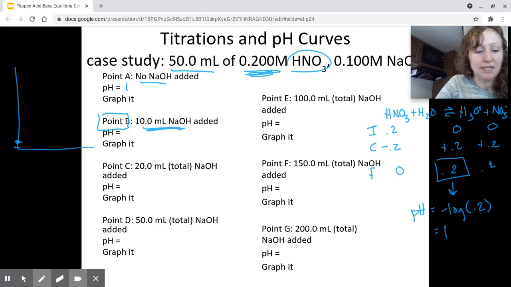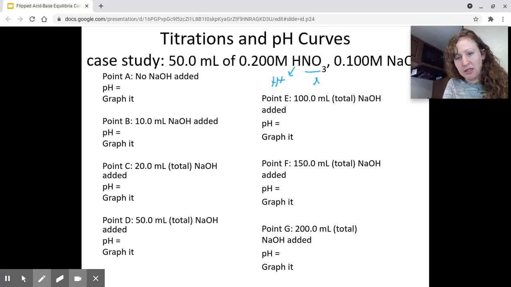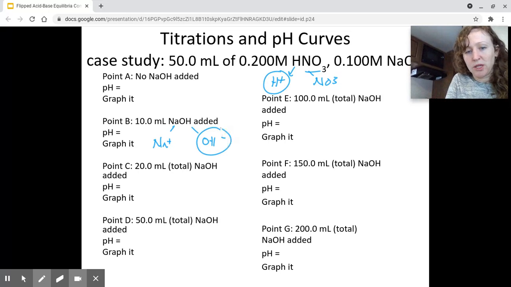They're going to react together. Now, you can do what I've been telling you to do all along and think, okay, this is going to separate into H+ and NO3-, and I'm going to have those two things present. This is Na+ and OH-. Those two things present, what's going to affect the pH? H+ and OH-, and you can write your reaction like that.